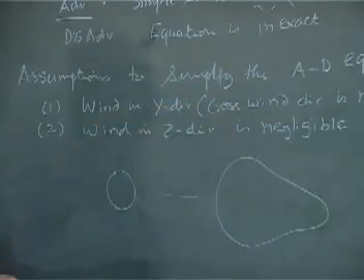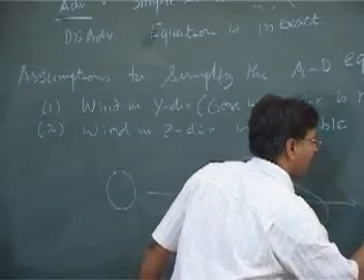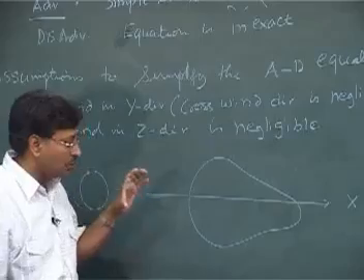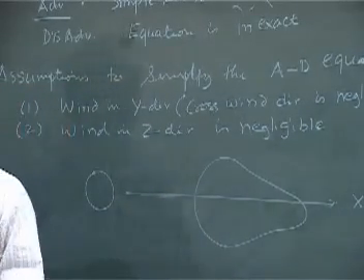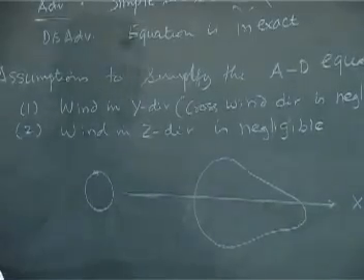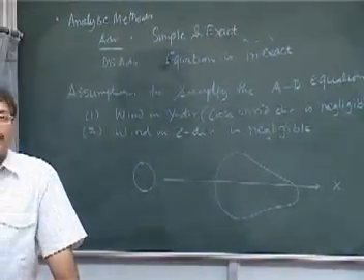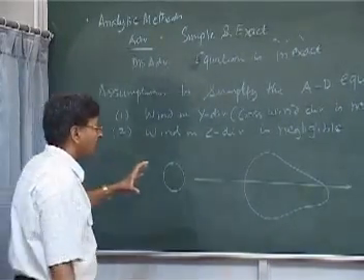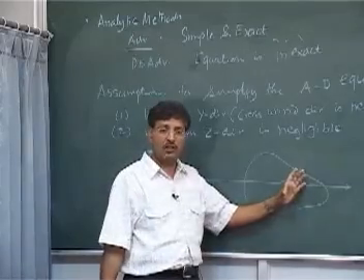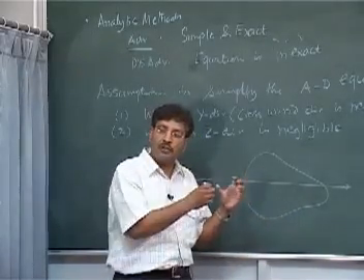But here you see this term, which is the advection in the x direction. So the term advection is overwhelmingly large compared to diffusion in the x direction. Did you understand what I said? The diffusion due to advection in x direction is overwhelmingly large compared to the turbulent diffusion in x direction.